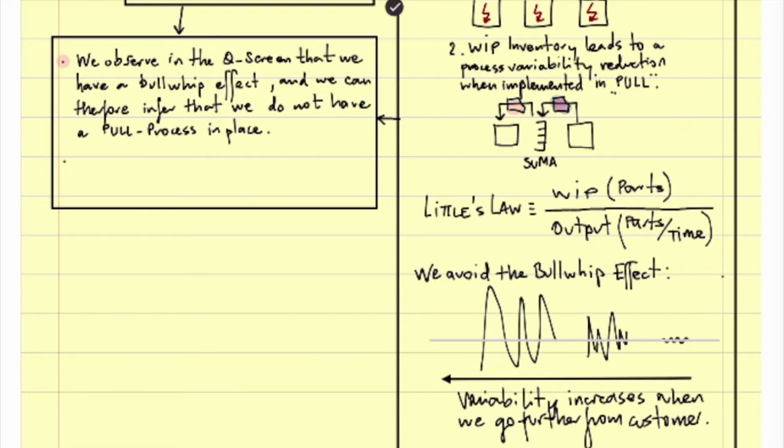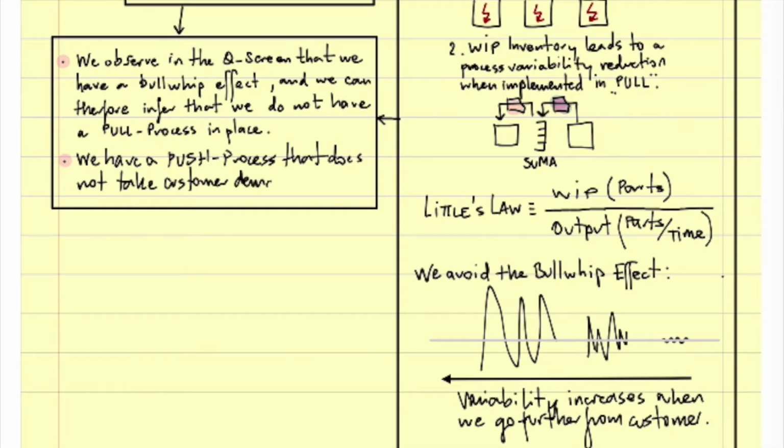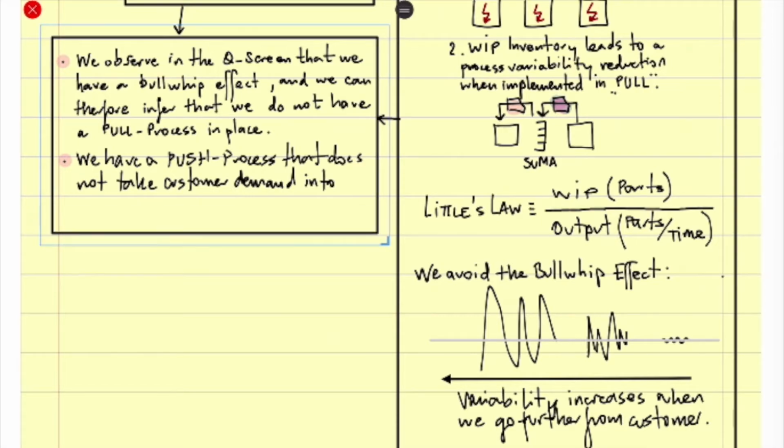Okay, so we can infer that we have a push process that does not take customer demand into consideration.